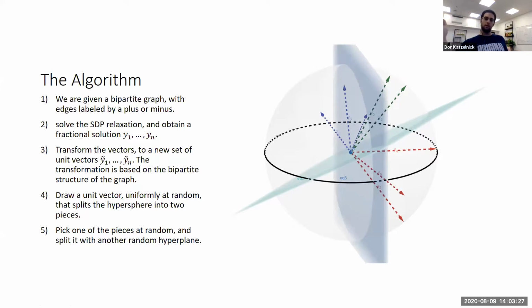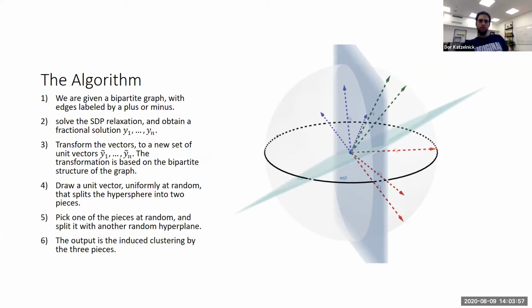So here in this example, we randomly chose the upper part, and we split it with another hyperplane. The result is three pieces of the hypersphere. You can see the green vectors and the blue vectors are on two different sides of the blue hyperplane. Okay, and this will be the result of the algorithm. The result is the clustering that is induced by these three pieces of the hypersphere.